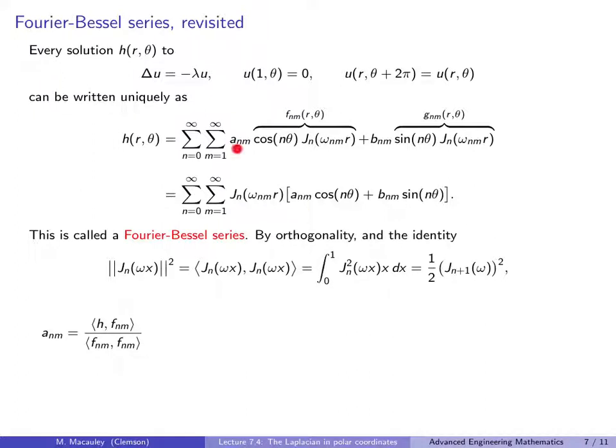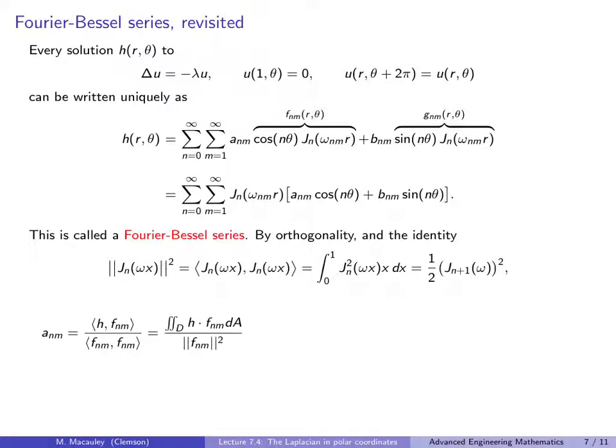So these coefficients a_nm up here are just the projection of our function h onto the eigenfunction f_nm. So that's h dot f_nm over f_nm dot f_nm. And that is the integral over the unit disk of h times f_nm dA.